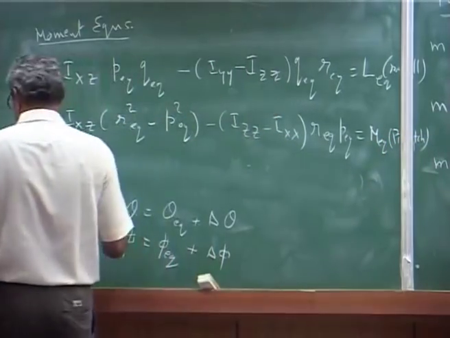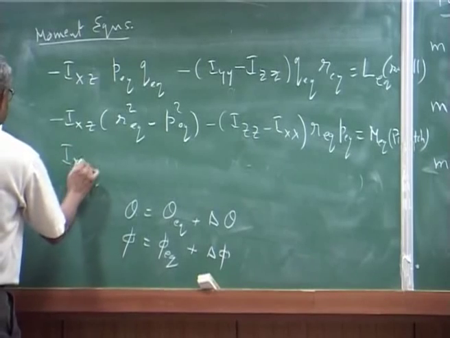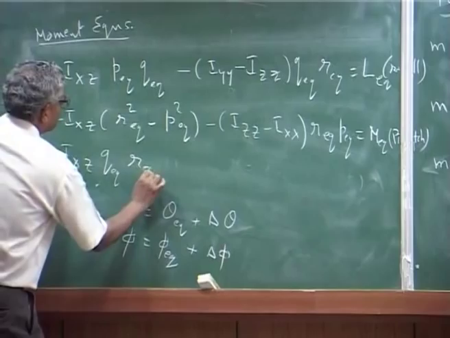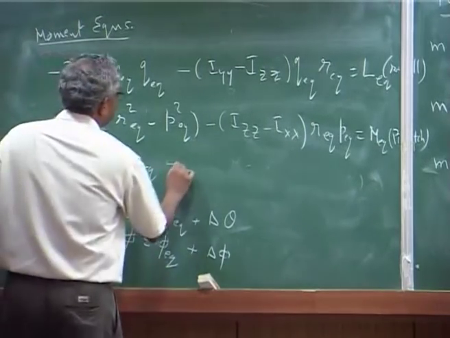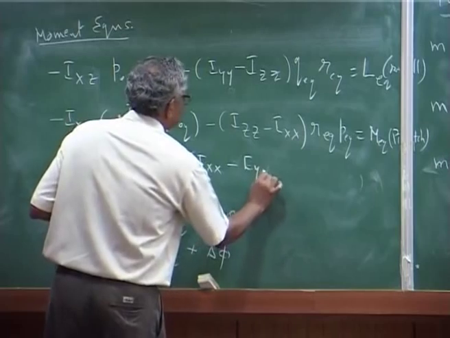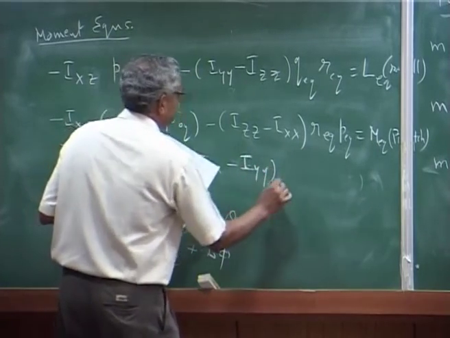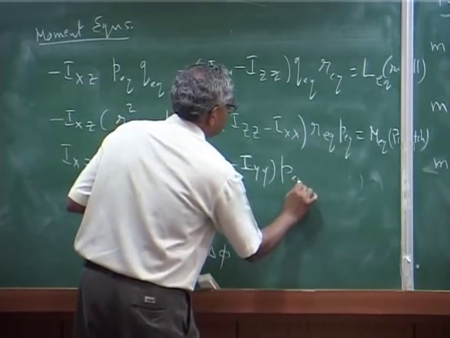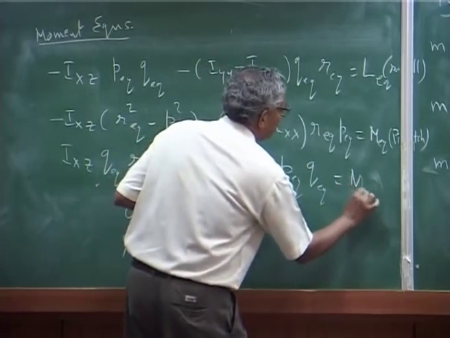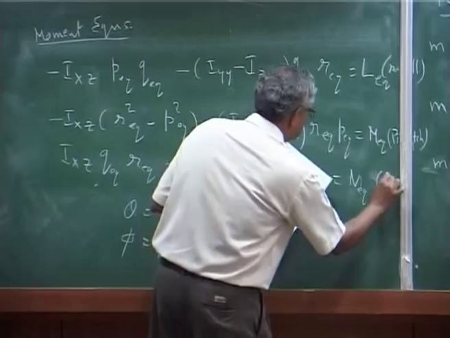And then the yaw equation is I x z q equilibrium r equilibrium minus I x x I y y p equilibrium q equilibrium, which is N equilibrium.